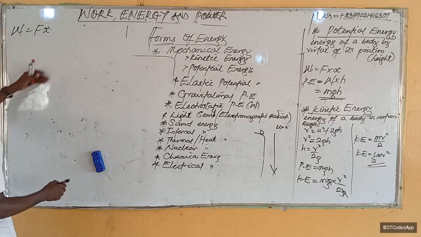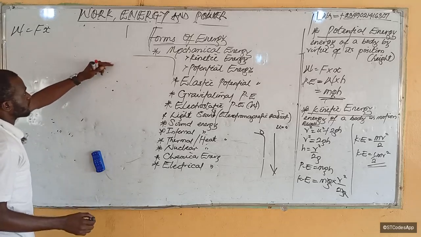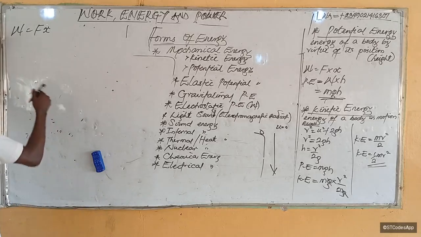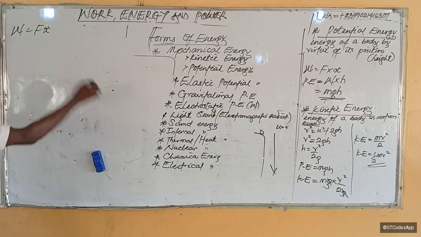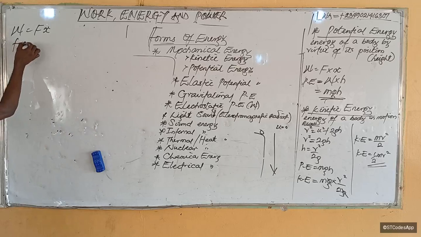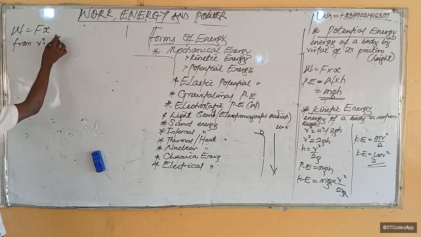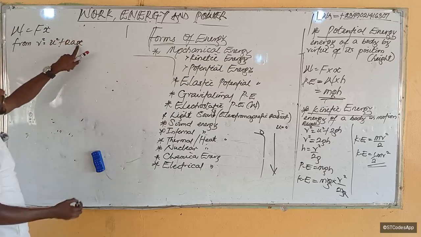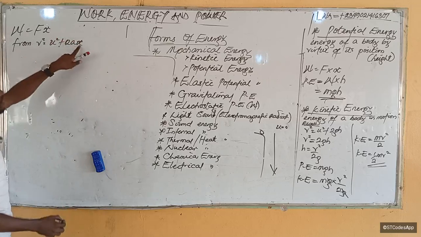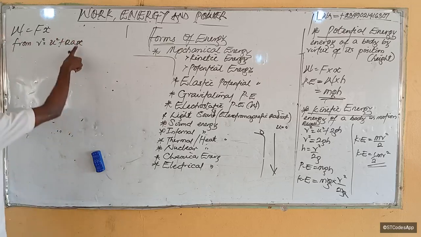If u were not 0, then from the equation v squared equals u squared plus 2as, now let's use 2ax. X or s, if distance is x or s, whichever one you're using.